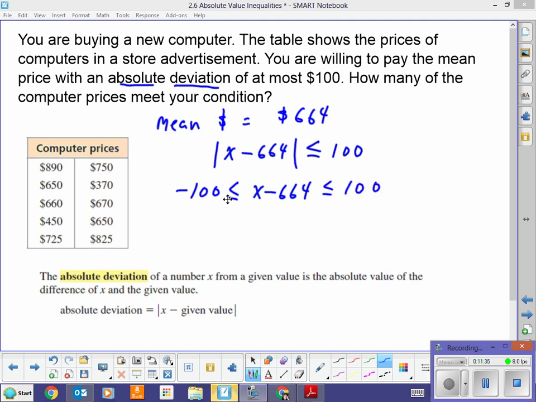Negative 100 has to be less than or equal to x minus 664, and x minus 664 has to be less than or equal to 100. So we'll find that 564 is less than or equal to x, and that is less than or equal to 764. So we're looking at computer prices between 564 and 764 inclusive. In other words, I can count 564 and 764.